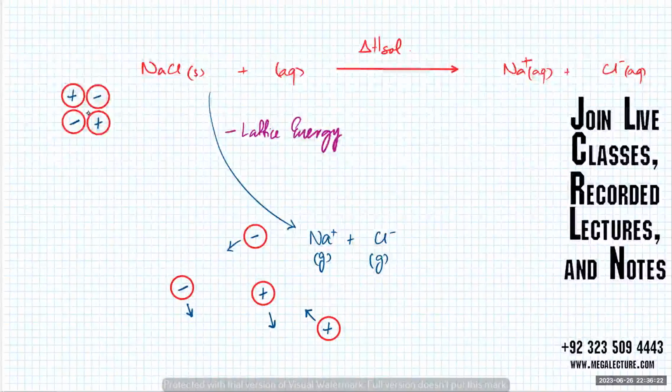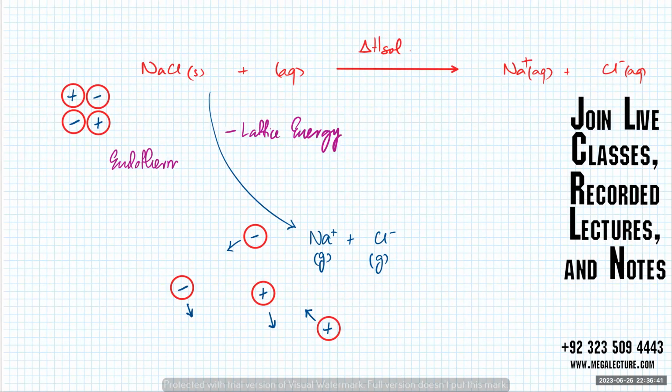This is, in fact, endothermic. This is where you vigorously stir the salt in water. So this step is the opposite, or the reverse, or the negative of lattice energy. Okay, clear? So then vaporizing is what?